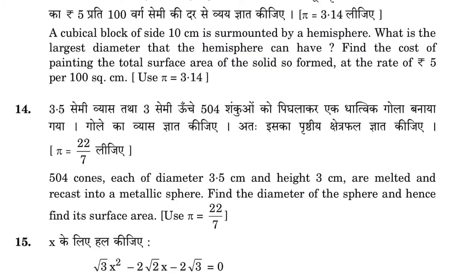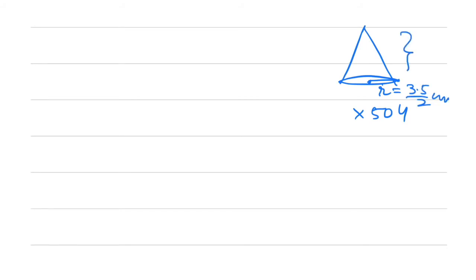Question number 14. In this question, we are given 504 cones. Diameter is 3.5, so radius will be equal to 3.5 by 2 centimeter, and height is equal to 3 centimeter.